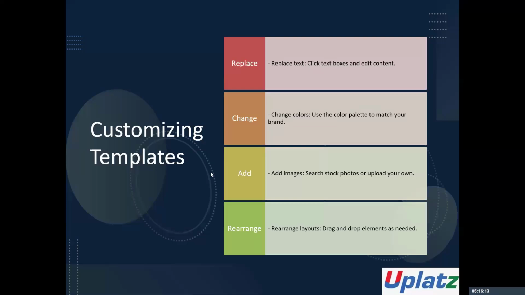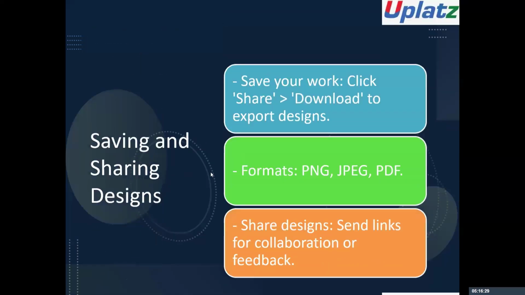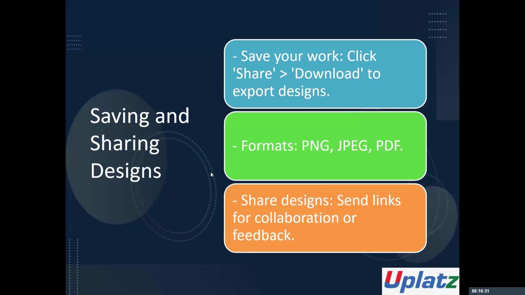We can add images, where we can search for stock photos or upload our own images. And also we can rearrange layouts, where we can drag and drop elements as and when required. That is amazing how we can perform all these options. So again, we have an option to save and share designs as well, where we can save our work, where we can click share, then download to explore designs.